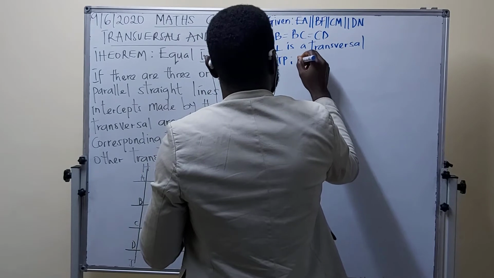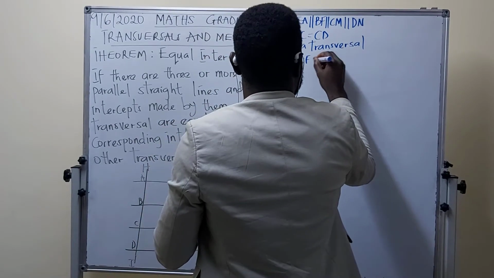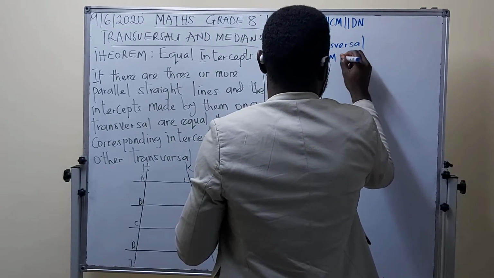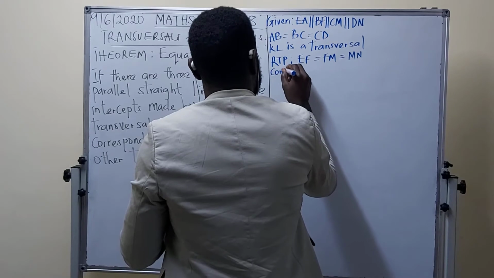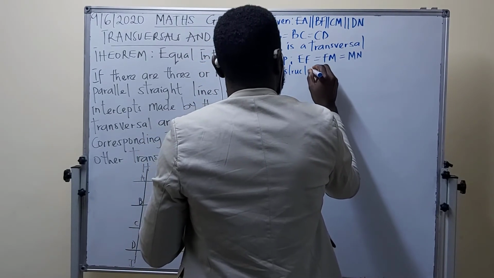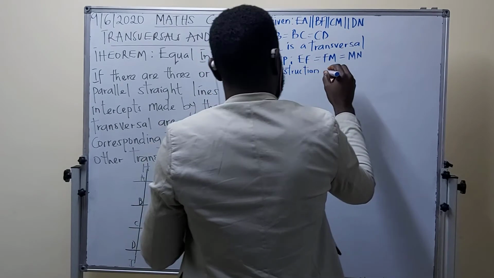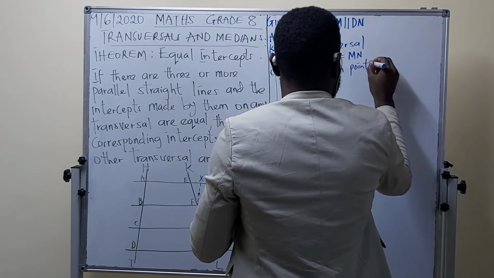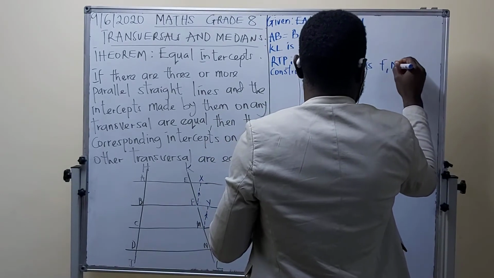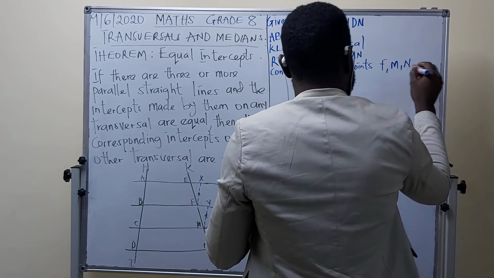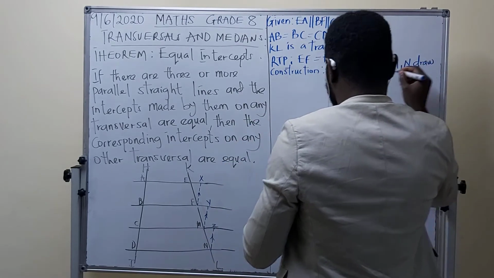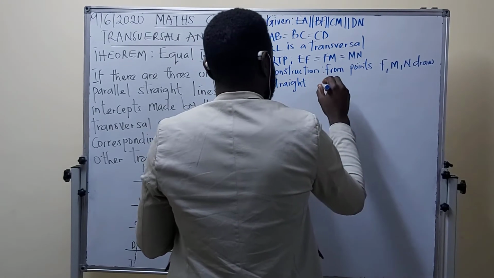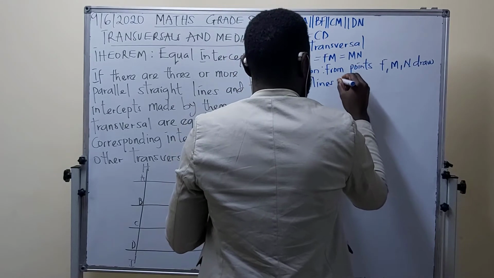RTP, that is required to prove, EF equals FM equals MN. By construction, from points F, M, and N, draw straight lines parallel.